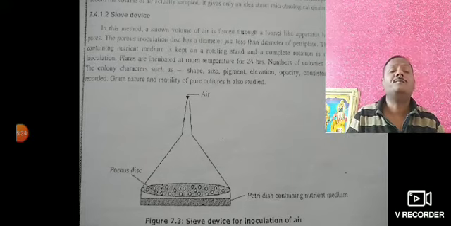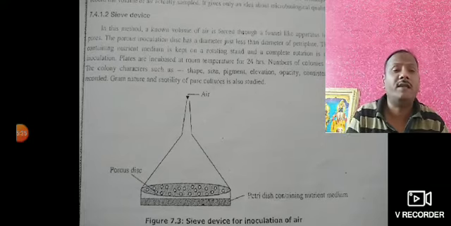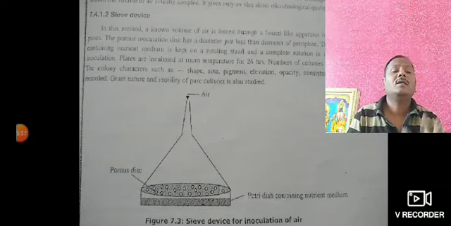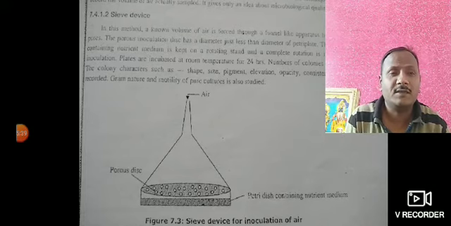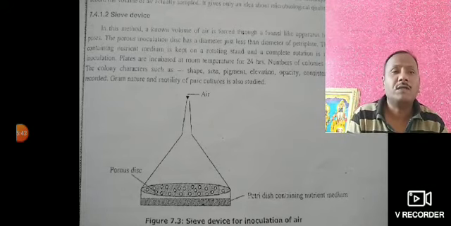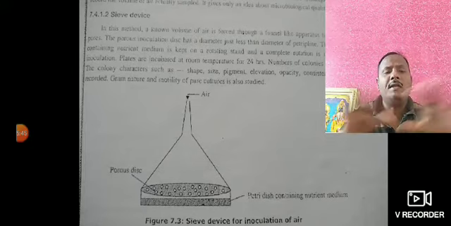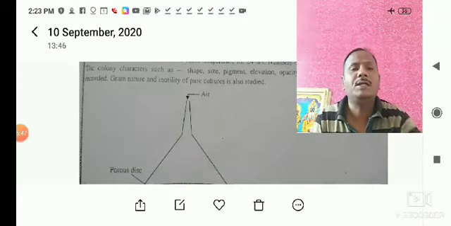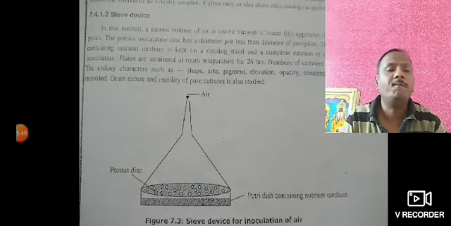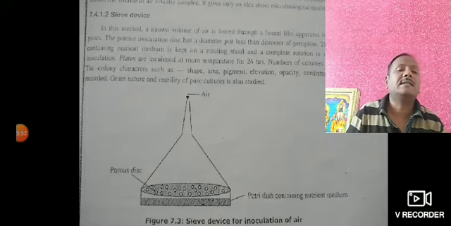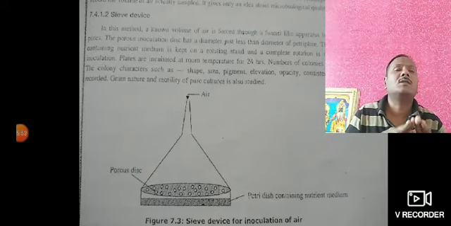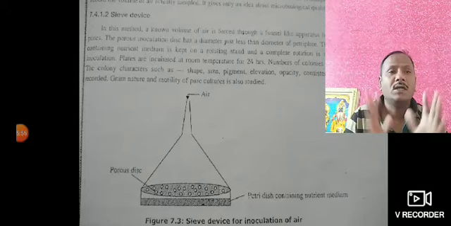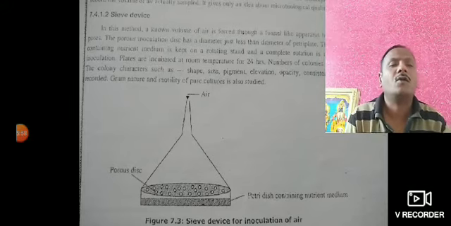After that you remove the funnel and keep the plate in the incubator at 37 degrees Celsius. After 24 hours, a number of colonies grow on the surface of the plate, which indicates that the air contains different kinds of microorganisms.